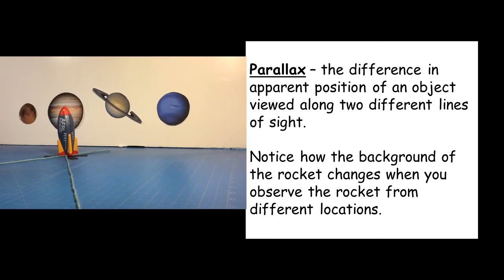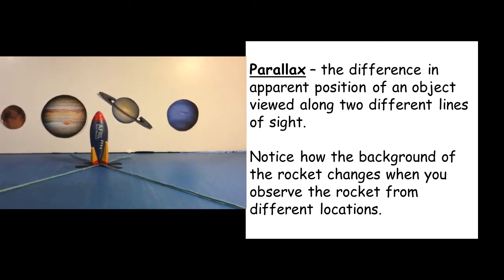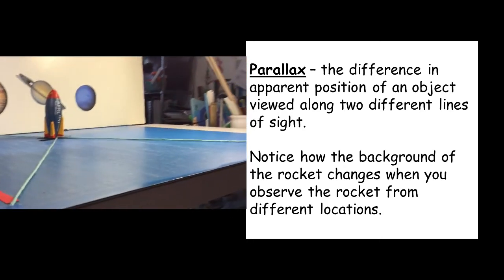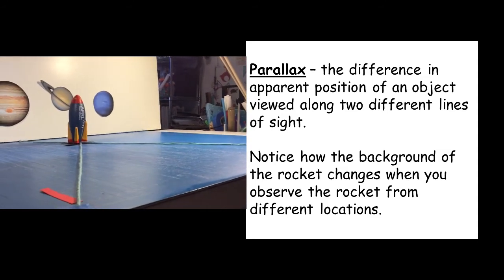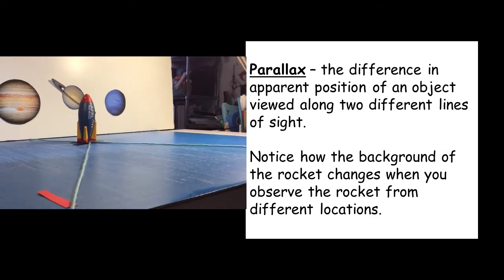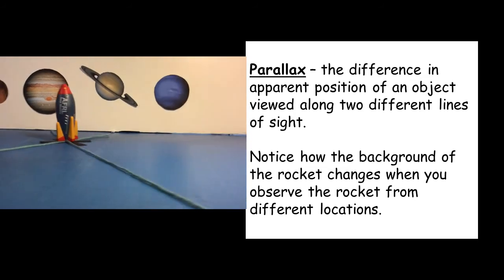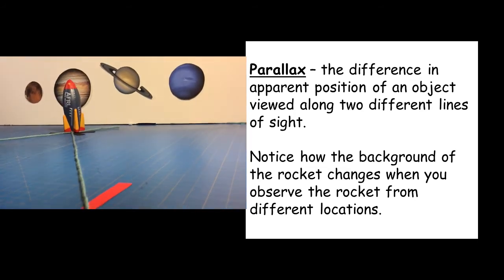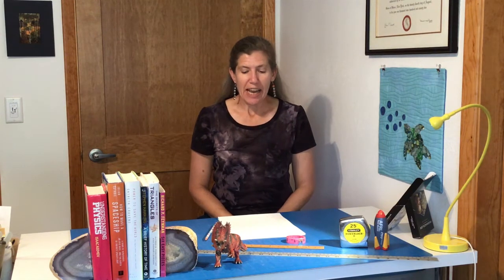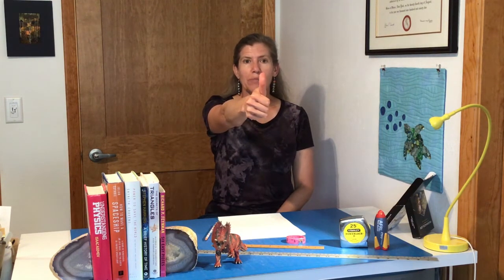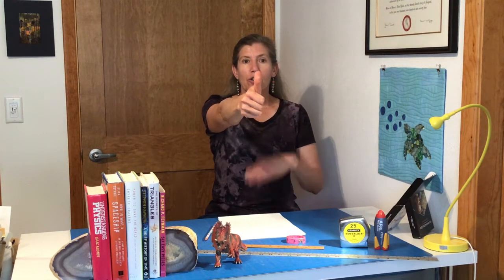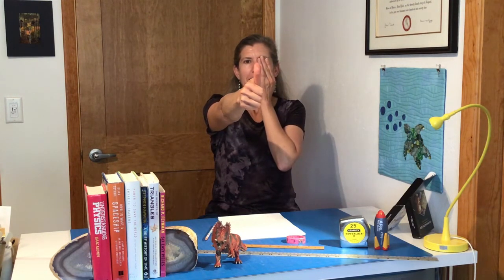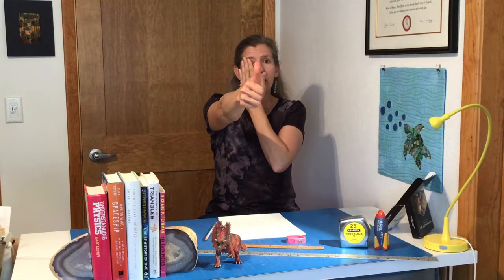Parallax is the difference in apparent position, sometimes called the displacement, of an object viewed along two different sight lines. Another way to understand parallax: take your thumb, hold it at arm's length. First cover one eye and then the other.